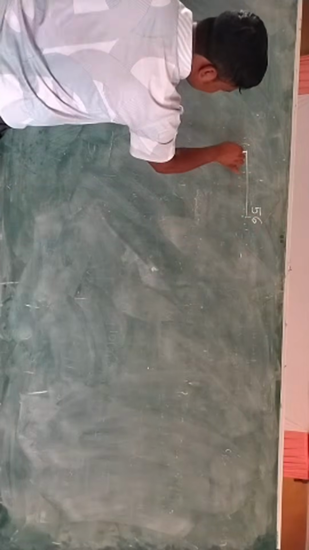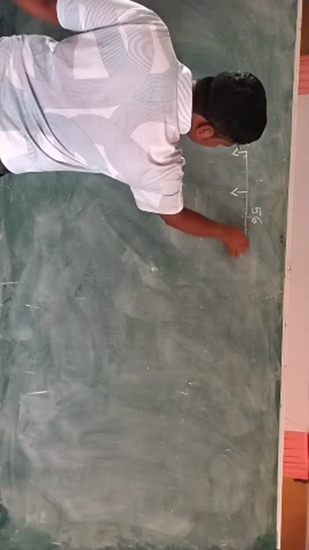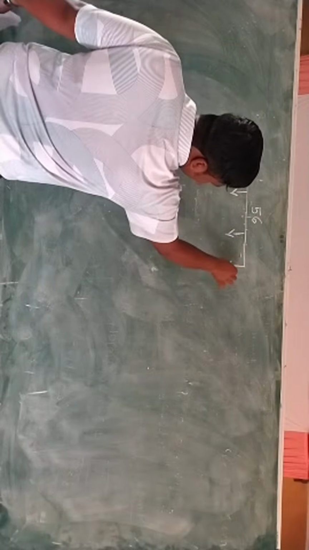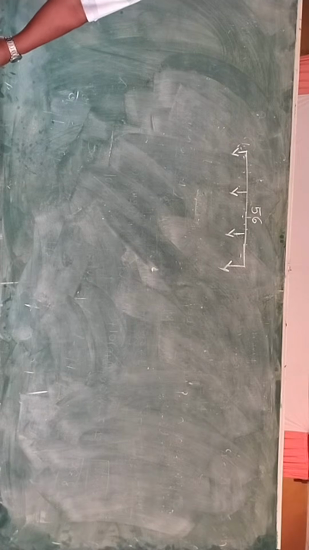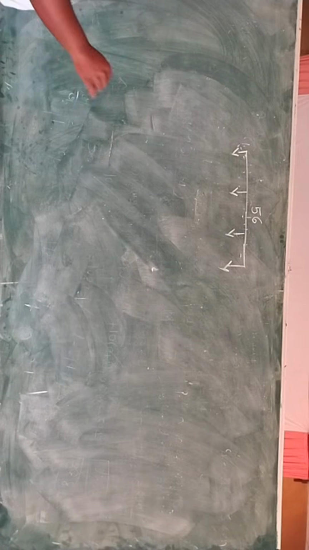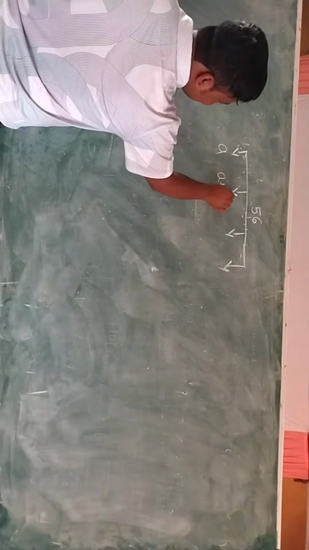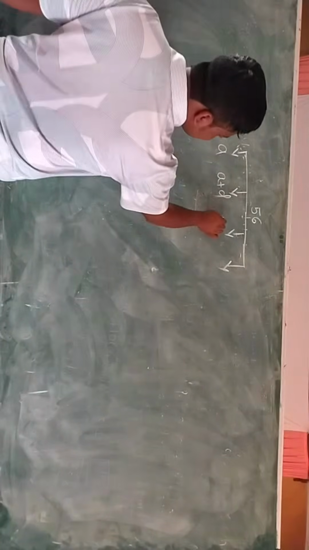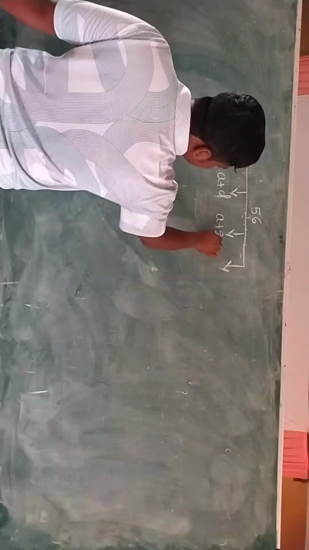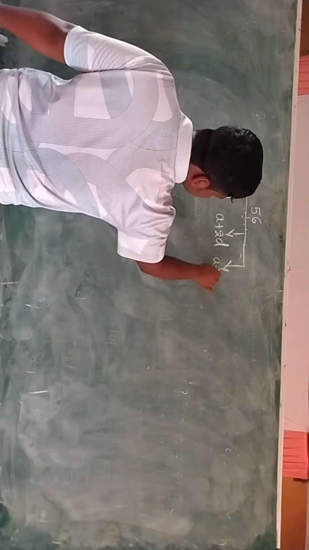Here, the number 56 is divided into 4 parts, and those 4 parts are in an AP. Let's imagine the first part is a, the second part is a plus d, the third part is a plus 2d, and the fourth part is a plus 3d.